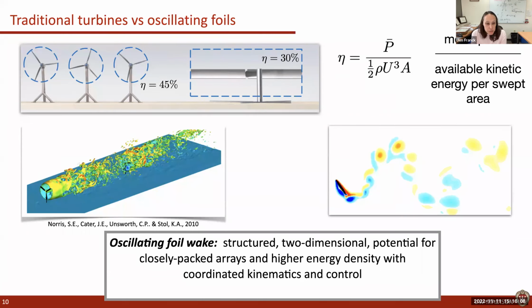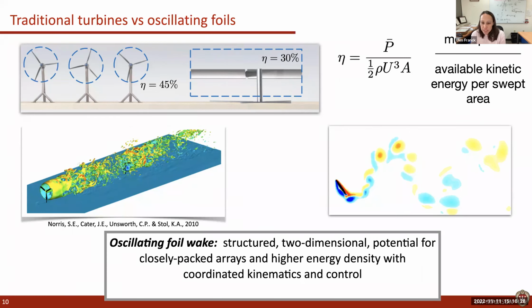And then the third point I want to make is that the fluid dynamics behind these oscillating structures are far different than something that's rotating, and that's what I will talk about in the second half of this talk. The vortices that are formed from this foil develop into a structured pattern.